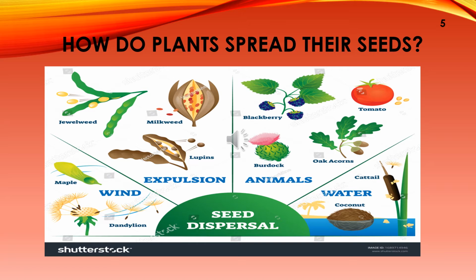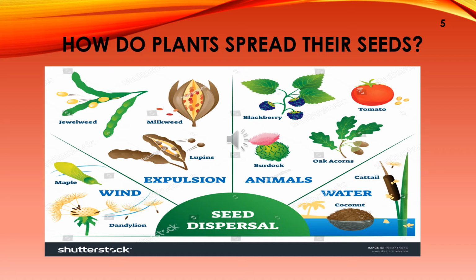Some animals collect nuts and store them in the ground, and some of these germinate. The seed of the cocklebur sticks to animals and then falls off a long way from the parent plant.